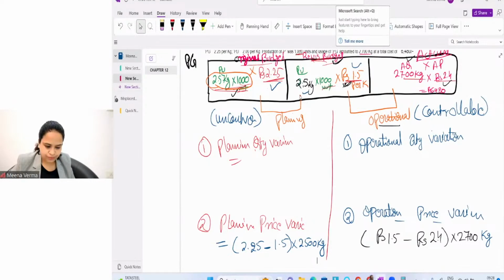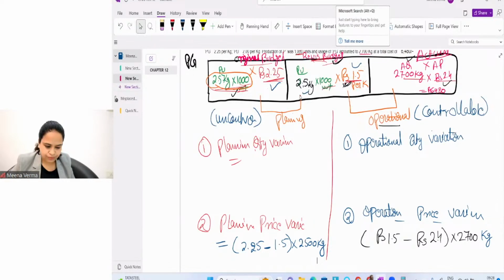Okay. So we will solve this question and we can calculate the planning quantity variation and operational variation. Now, if we want to find out the quantity variation, what do we have to consider?